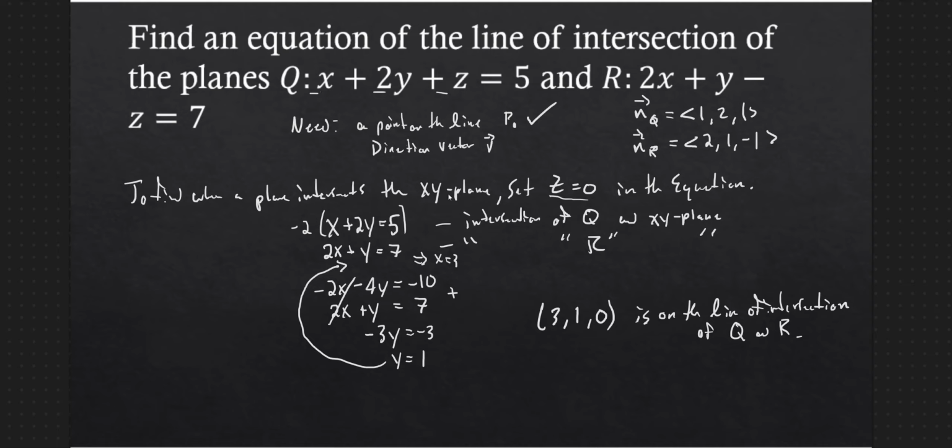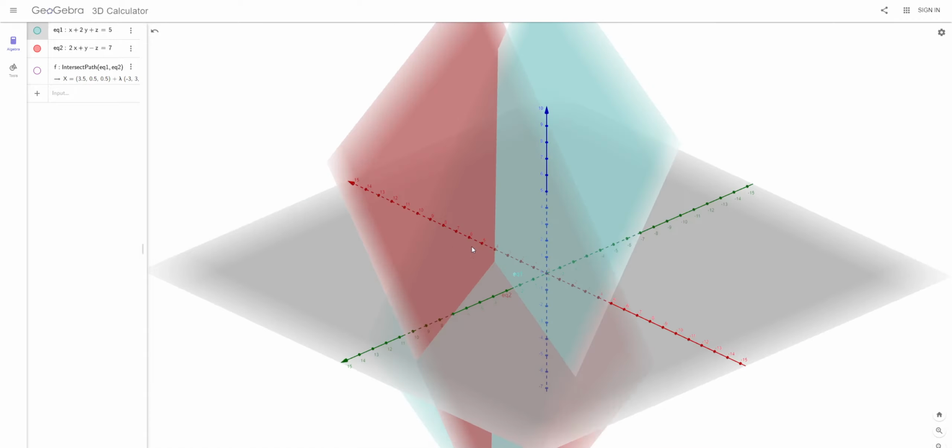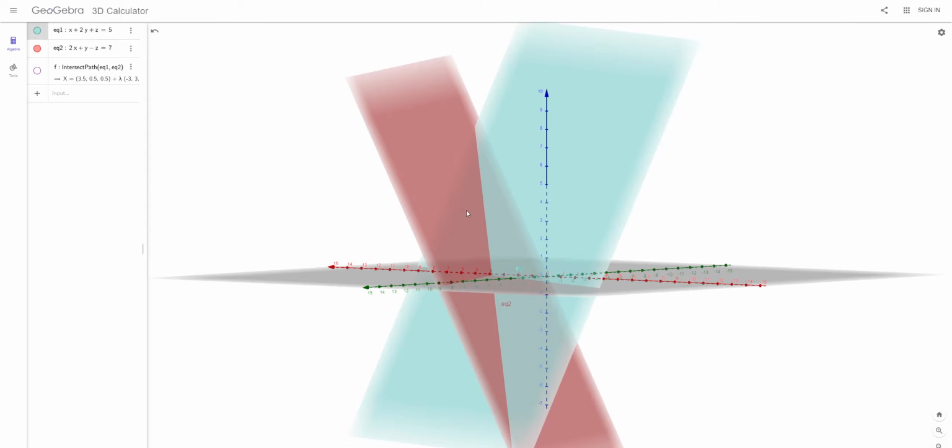The idea is these two normal vectors, each one is normal to its respective plane. And so if I can find a vector that's orthogonal to both of these, then that will go along the line of intersection. Let me jump to the GeoGebra again and take a look. Imagine my normal vectors coming out of each one of these planes.